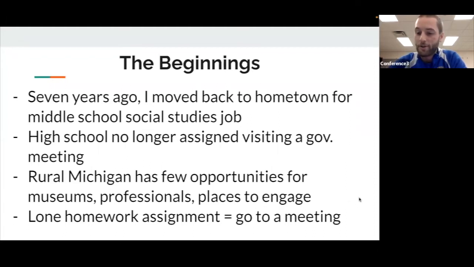Those are rare opportunities, and I feel like our folks up in the UP or northern lower, all of our rural areas, find it hard to get to these places. So I figured local government is the closest, it's the best I can do. So that's what we're going with. And with 12 and 13-year-olds, I figured this is so important. We're only going to do one homework assignment. This is it. It's just show up to a government meeting.